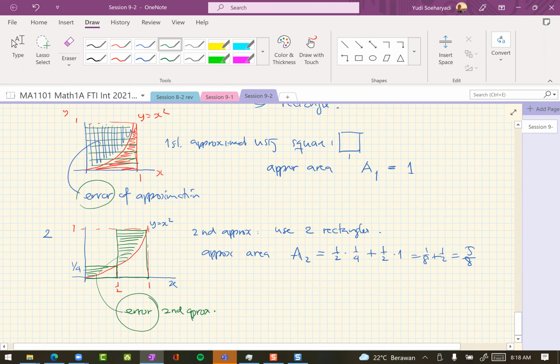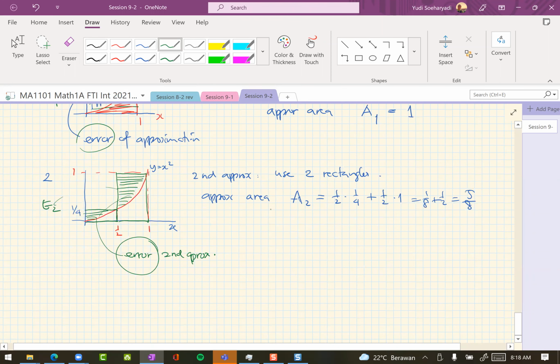All right, so this is what we call error 1, and this sum is error 2. So in this sense, the second approximation is better than the first one, because the error is less than the error of 1.